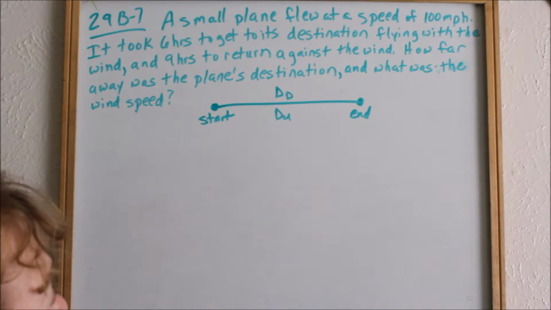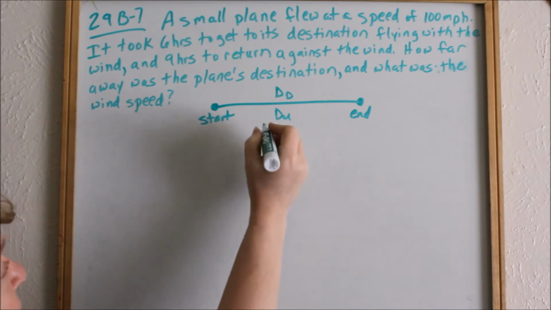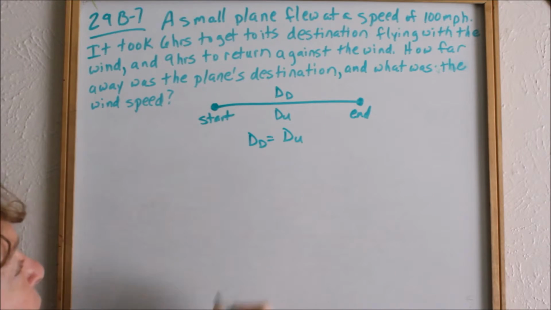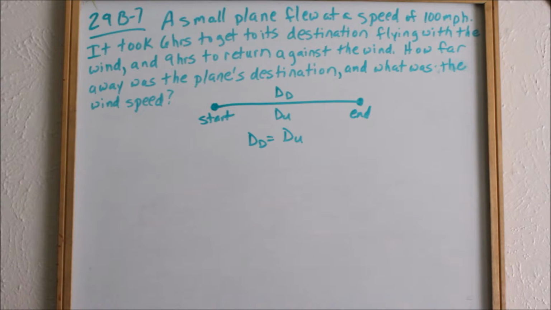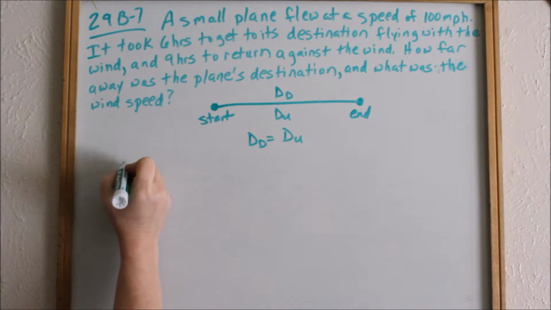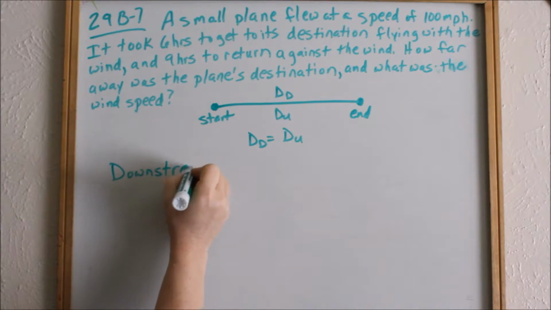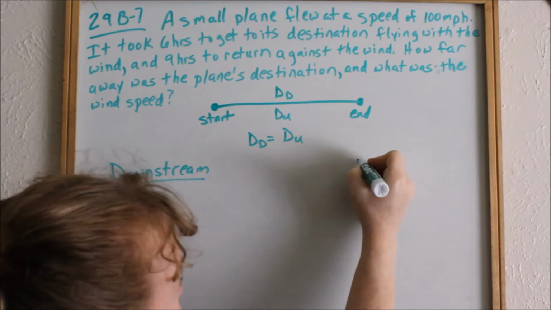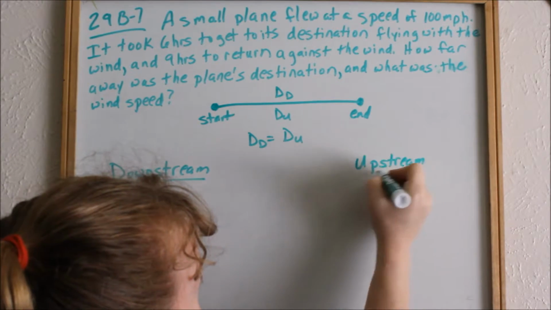Okay, it's the same philosophy, so I'm going to use the same things that I'm telling you to write on your formula sheet. So the one thing that we can say is the downstream distance is the same as the upstream distance. I'm going to use the same philosophy of keeping track of all your information. The way I recommend you organize your work is you write everything for downstream and then you write everything for upstream.